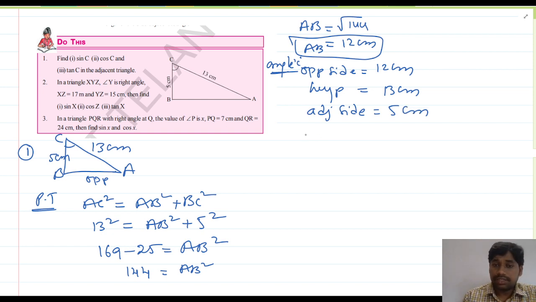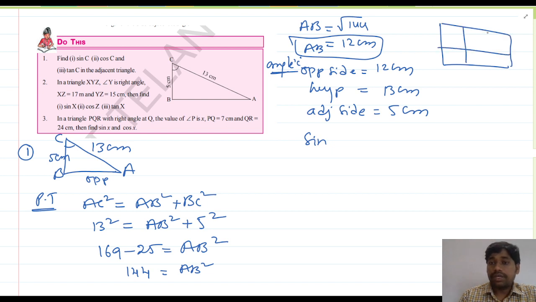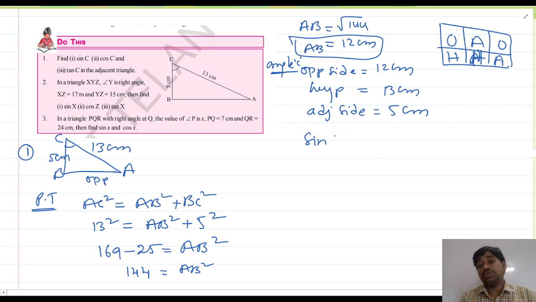Now write sin C. I told you a trick, remember, in this way: OAO HHA. This logic I told you in the last video. O by H is nothing but opposite by hypotenuse. That means sin C is opposite by hypotenuse.